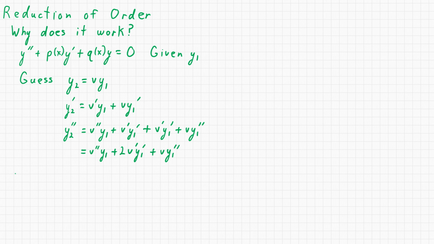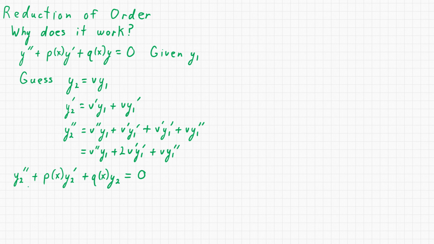All right, next step is we plug y2 into the ODE. So y2 double prime plus p of x times y2 prime plus q of x times y2 is equal to 0, in order for y2 to be a homogeneous solution.